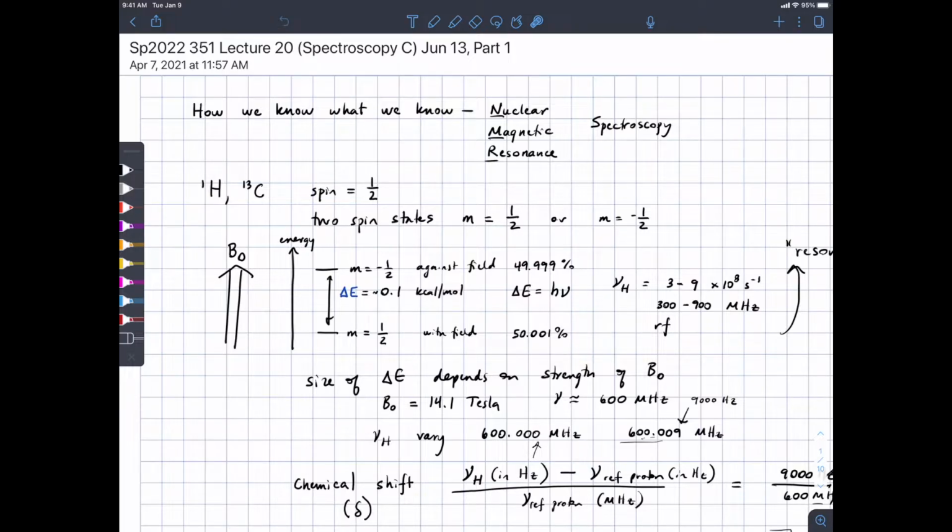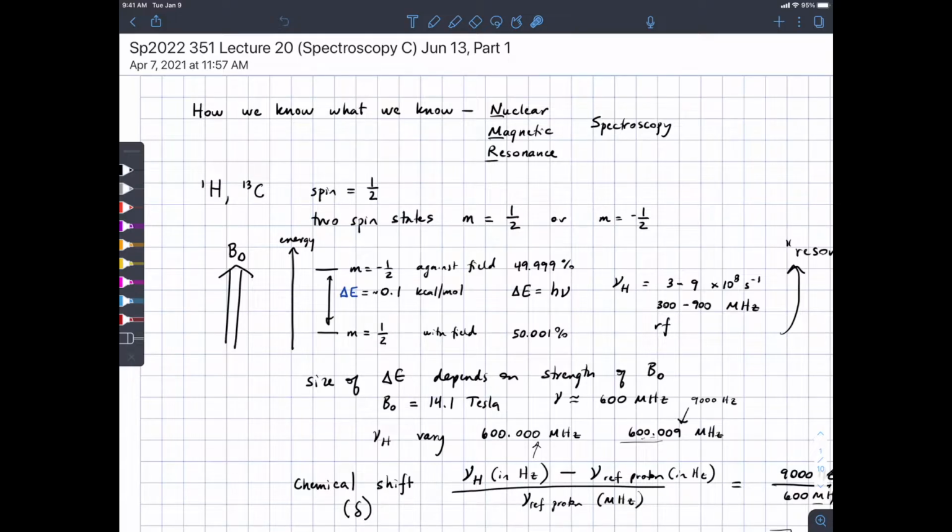And then there is a probe that shoots radio frequency energy at the sample and causes a transition among protons from the state aligned with the magnetic field to the state aligned against it. And we can actually measure the frequency of the photon that causes that transition. Okay, big deal. We can see that a proton's there.